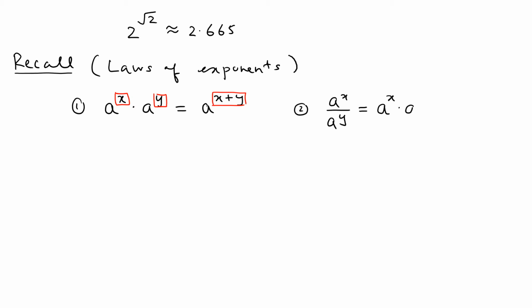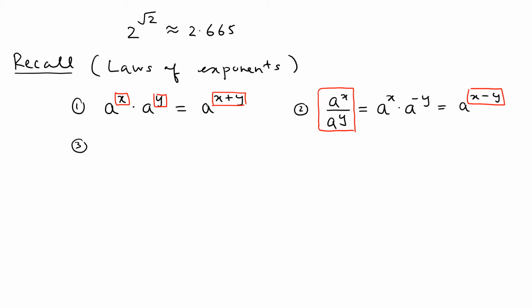That means you can write this as a to the negative y. Now this is like the first case, so you're going to add the index. That means a to the x minus y. So you can remember, when you divide two terms with the same base, you're going to subtract the exponent.